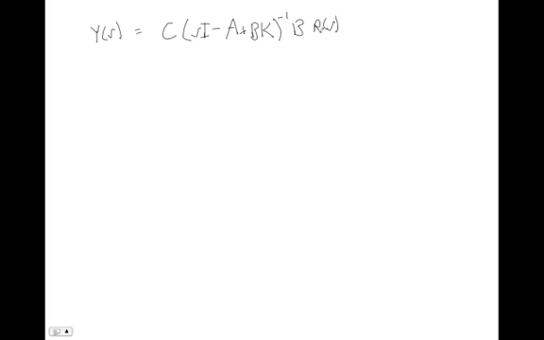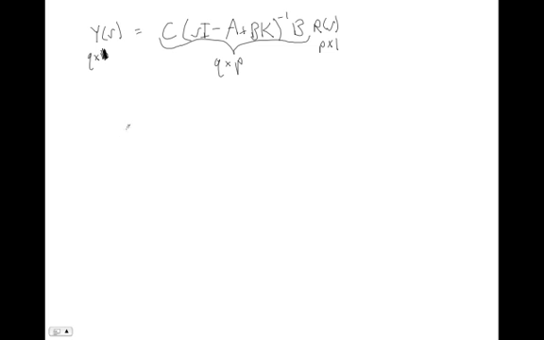This is a big p by 1 vector of inputs in the Laplace domain, and this is a big q by 1 vector of outputs in the Laplace domain. So this is a big transfer function matrix where each element is a transfer function, but overall it is a q by p matrix.